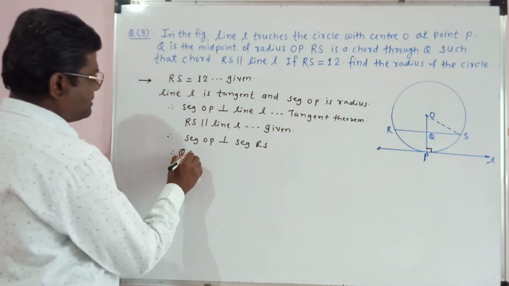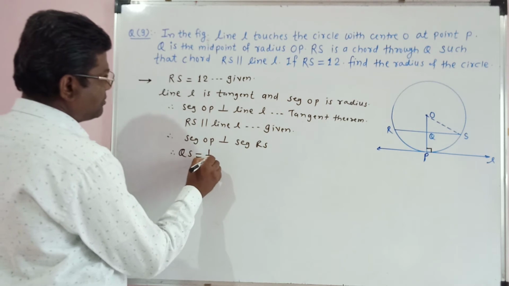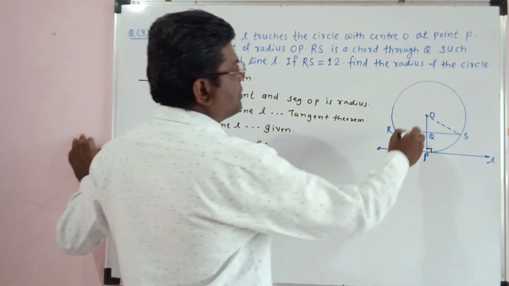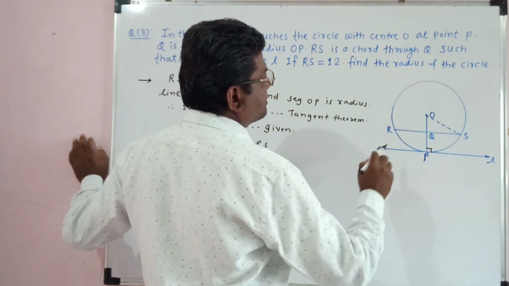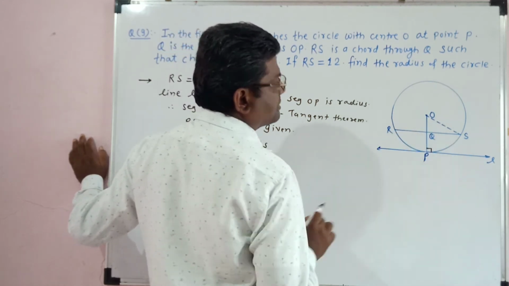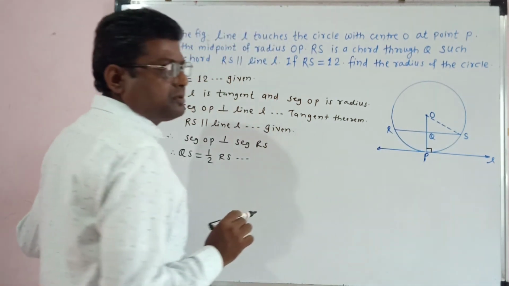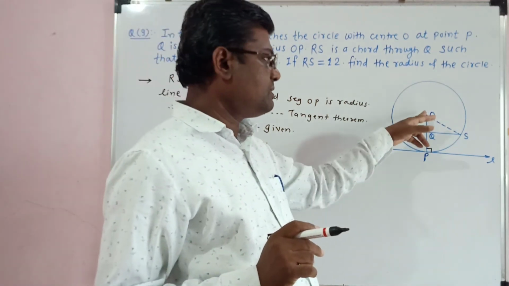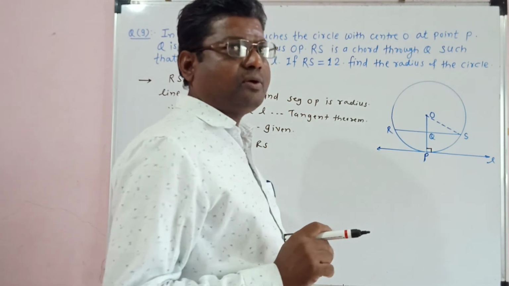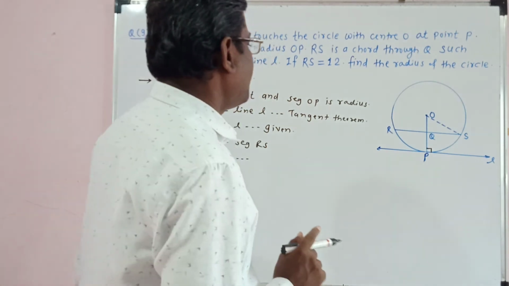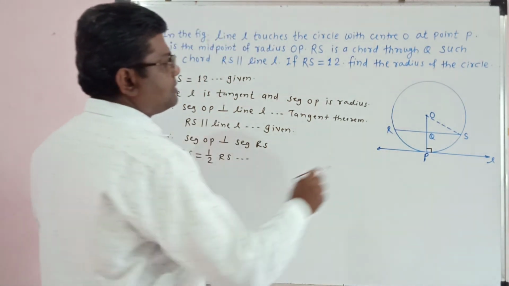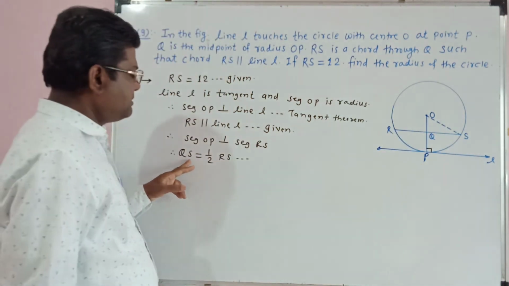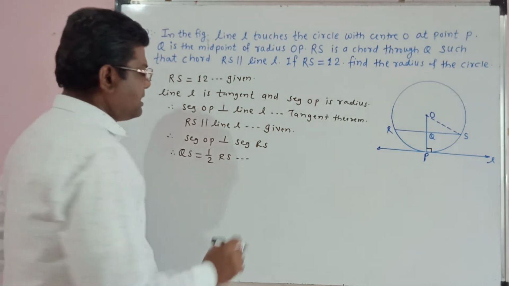Therefore QS is equal to 1/2 into RS. So OP is a perpendicular drawn on the chord RS. So a perpendicular drawn from the center of a circle on any chord bisects that chord. Therefore Q is the midpoint of RS. Therefore QS is equal to half of RS.